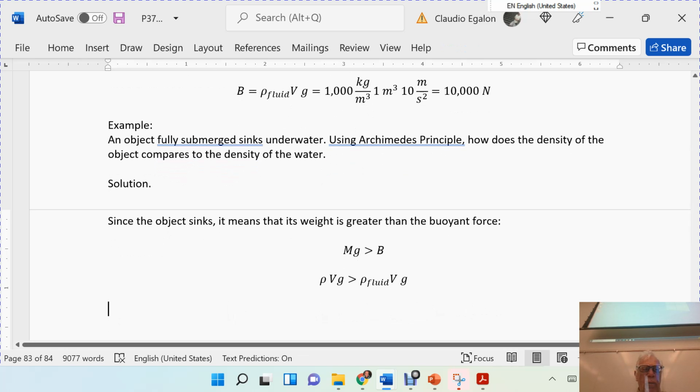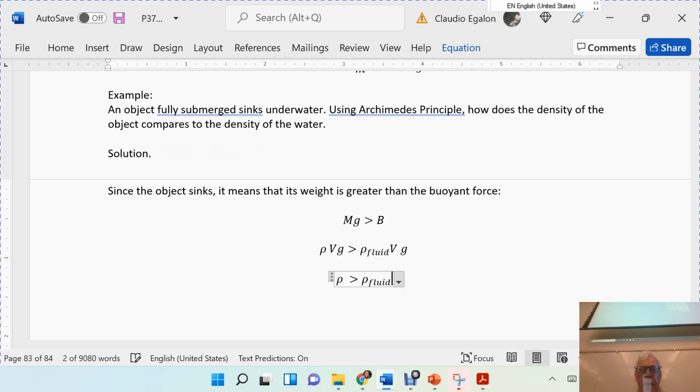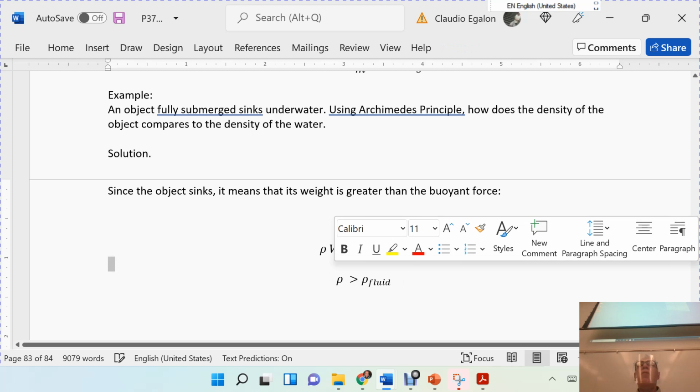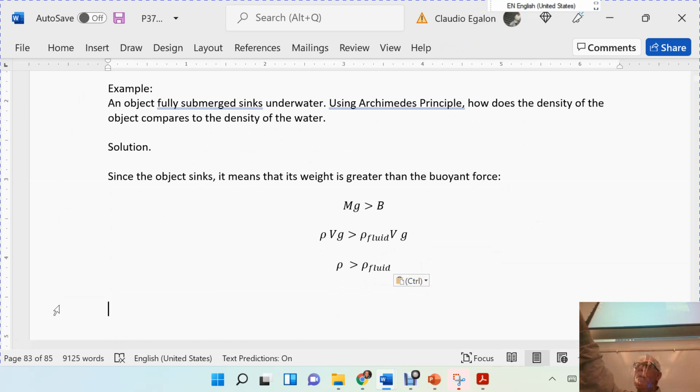We can cancel V and g, and what we're left with is that if the object sinks, its density is greater than the density of the fluid. Then we can go for the other case. There are three cases: object sinks, object floats, and object remains neutrally buoyant.